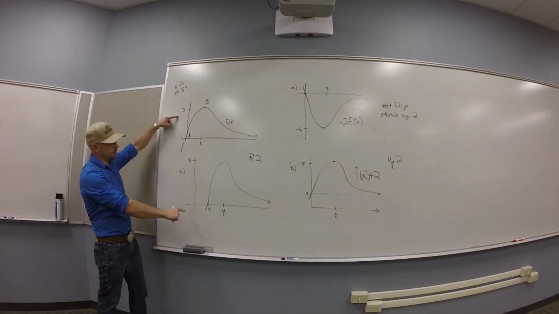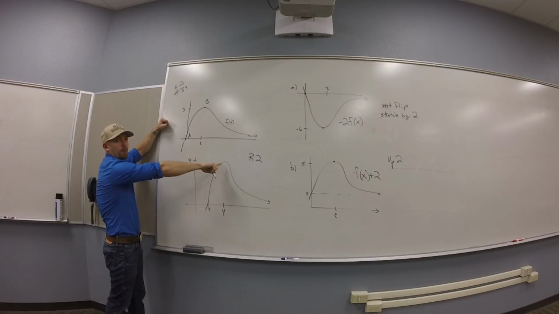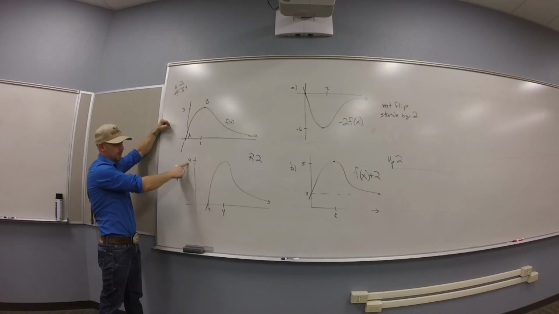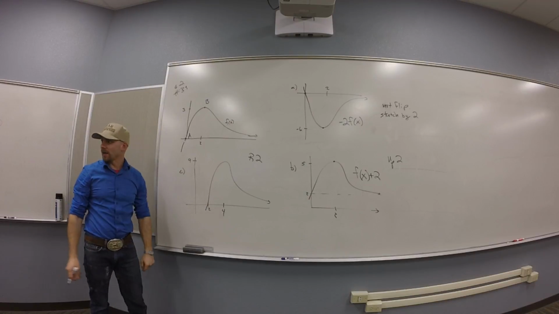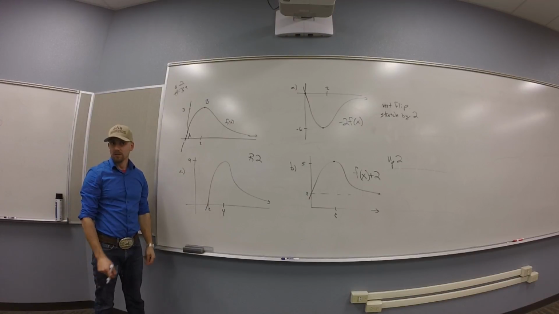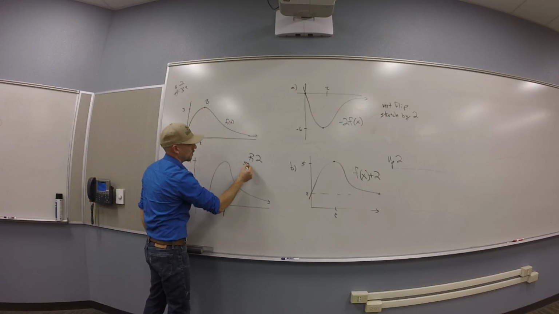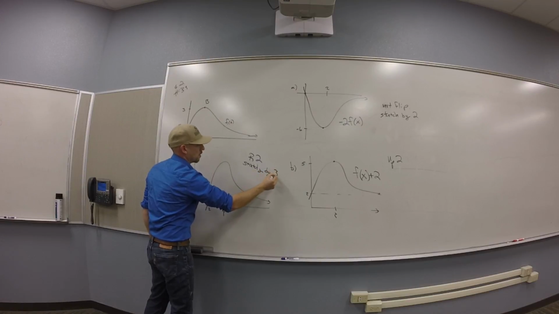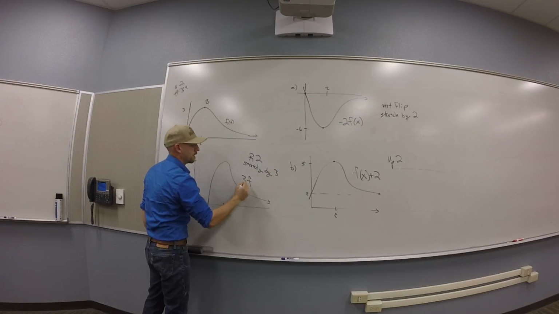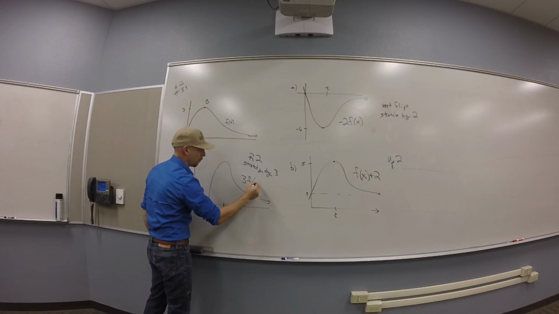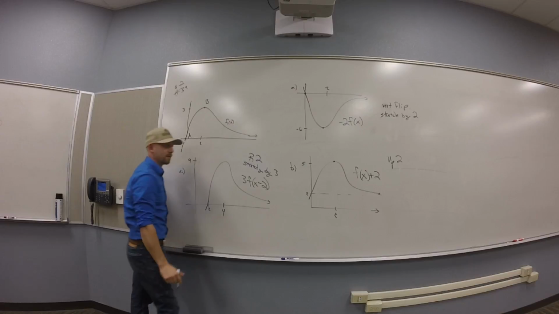I had my vertex at 2, 3, and now it's apparently at 4, 9, right? So it got stretched vertically by a factor of 3. So 3 f of x minus 2. Or f of x minus 2, times 3. Good, I said it right the first time.